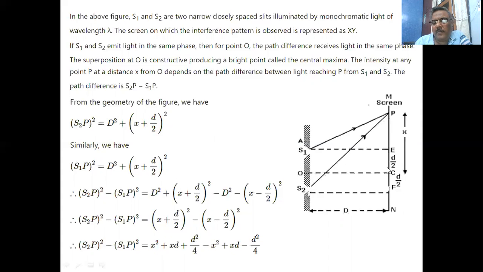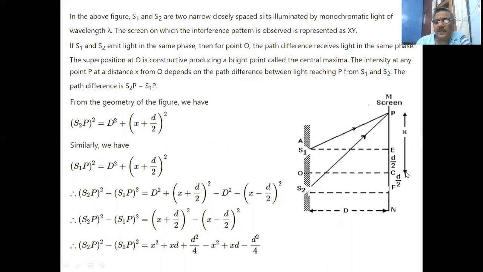This is the central maximum line. This small d is the distance between the two slits. Since this point C is midway between the two slits, the distance of one slit from this will be half of it, that is d by 2.